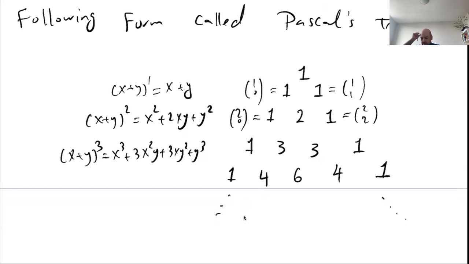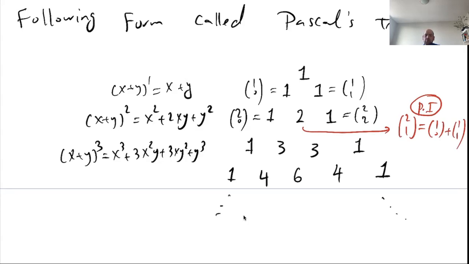What is the middle one? 2 choose 1. But what is 2 choose 1? By Pascal's identity, as PI means Pascal identity, I can write it as 1 choose 0 plus 1 choose 1, which are the two numbers I got here in the row above.